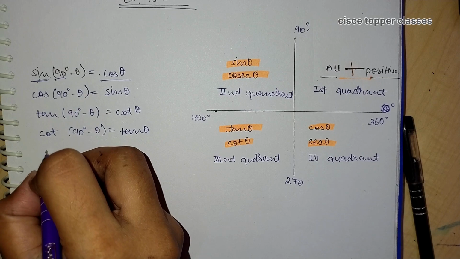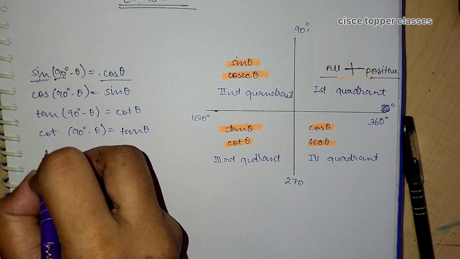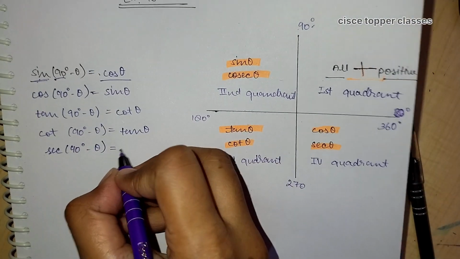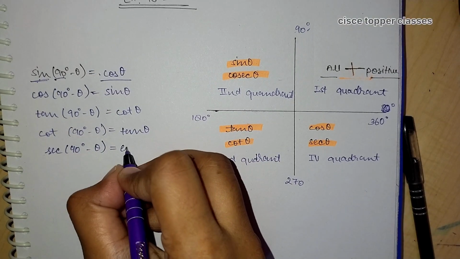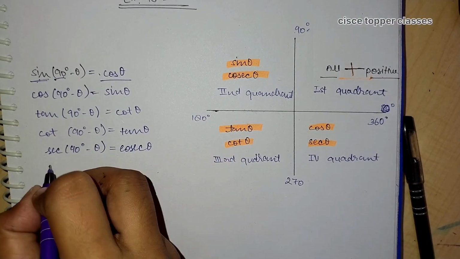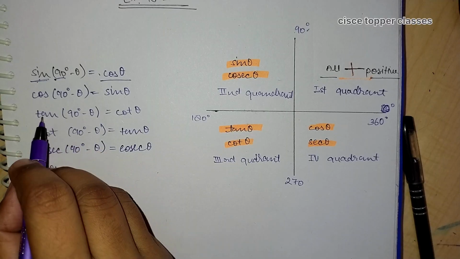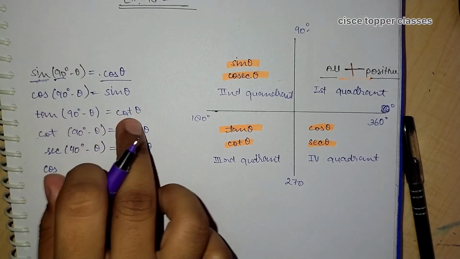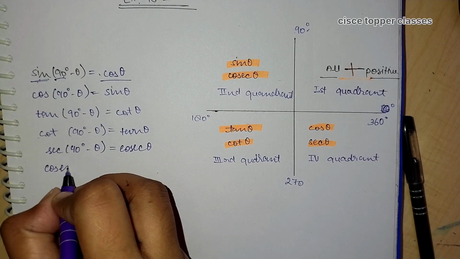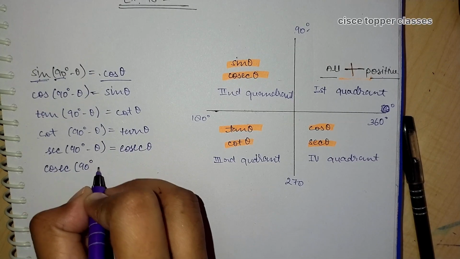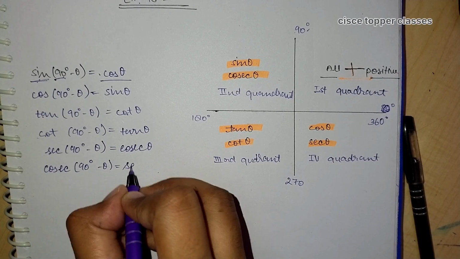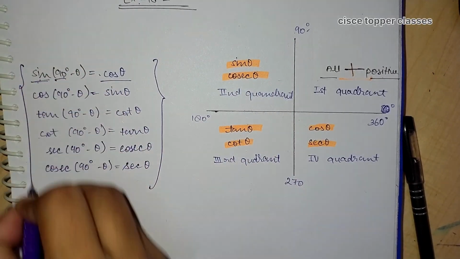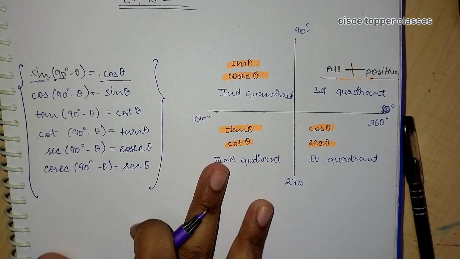And if we write sec 90 minus theta, because sec 90 minus theta will also be positive, so here we can write this as cosec theta. See, here tan theta is changed to cot theta and cot theta is changed to tan theta. Means in this only the ratio will be changed. So here if we write cosec 90 minus theta, it will be sec theta in positive. So these are the concepts which I am going to use in this exercise.